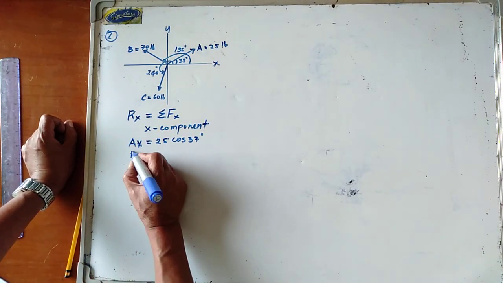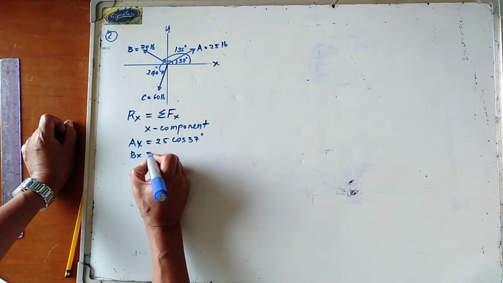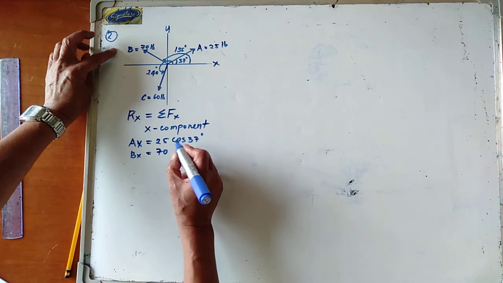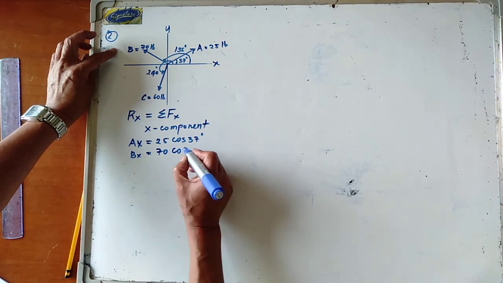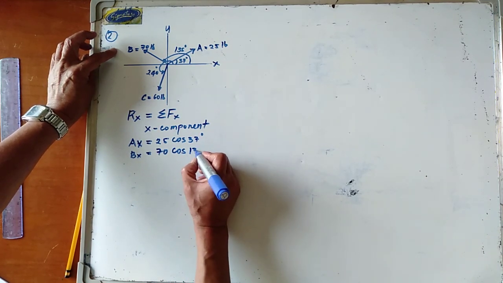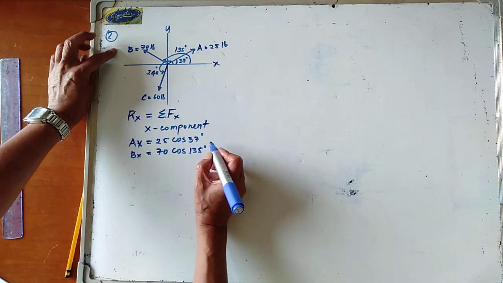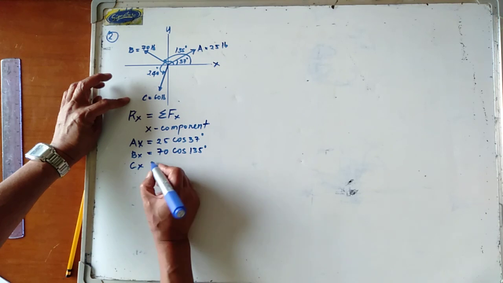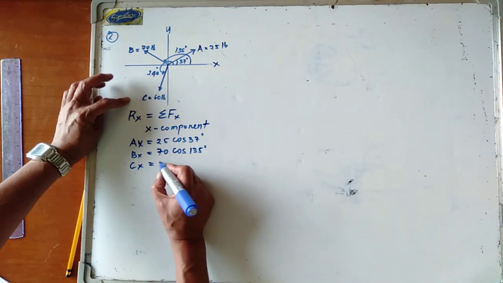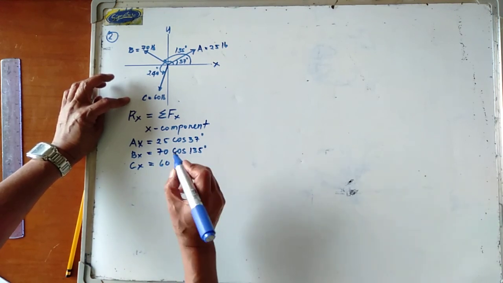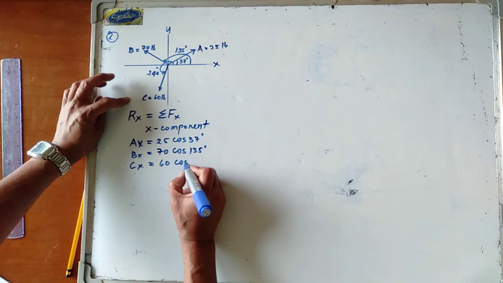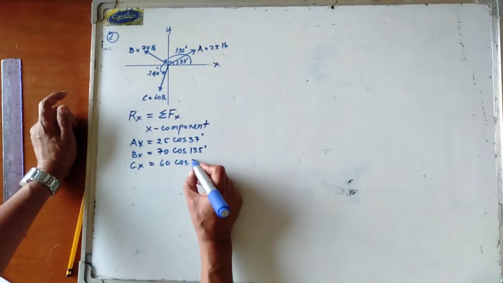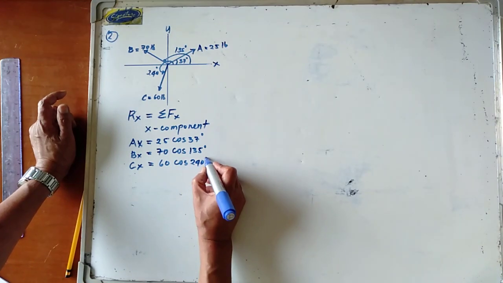Bx is equal to 70 cosine of 135 degrees, and Cx is equal to 60 pounds cosine of 240 degrees.